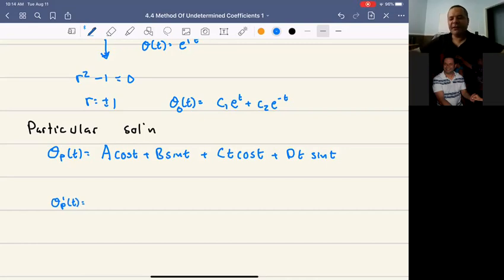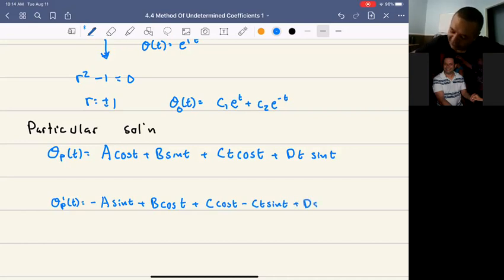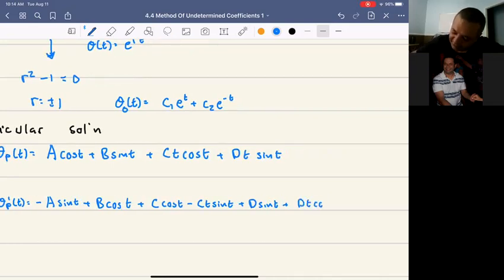Theta p prime of t is negative a sine of t plus b cosine t plus, let's see, c cosine t minus ct sine of t plus d sine of t plus dt cosine t.